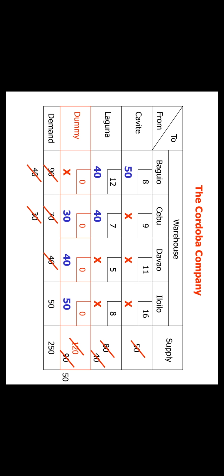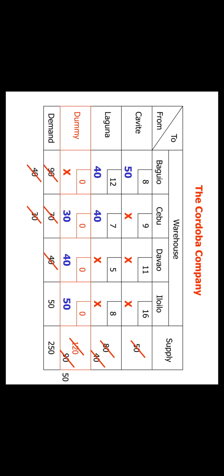So, to summarize, the process for solving transportation problems would be: step 1, make sure that your total supply is equal to your total demand. If not, then you have to adjust accordingly by either adding a dummy column or a dummy row.